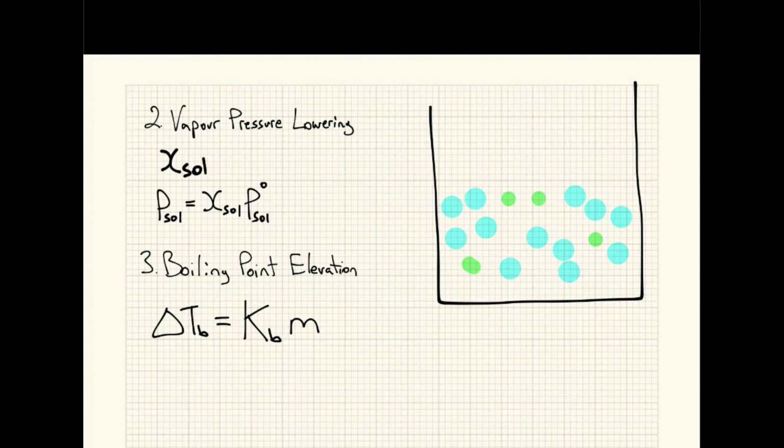That is called an ideal solution. And under those ideal conditions, all of this statistical stuff is exactly right. But what if those particles significantly interact or differently interact with themselves or with other solvent particles? That creates a non-ideal solution.